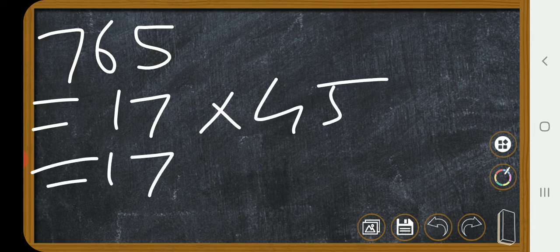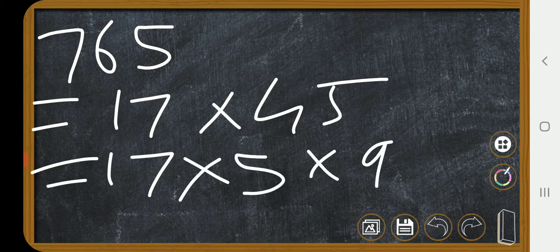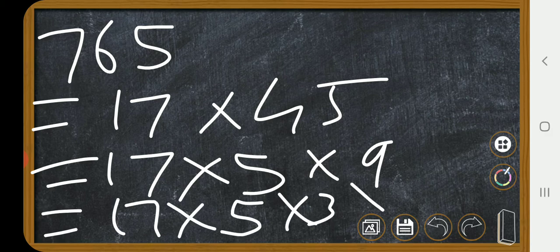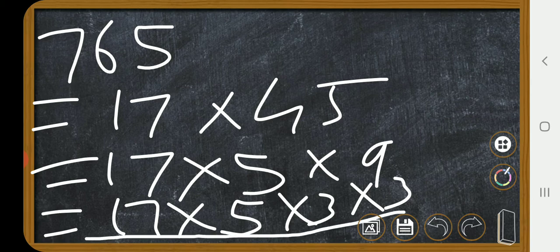Okay, 17 will be as it is. Now how will you do this? 5 9s are 45. Okay, then 17 will be as it is. 5, 3 multiplied by 3. This is the prime factors of 765. Did you understand? It is very easy.